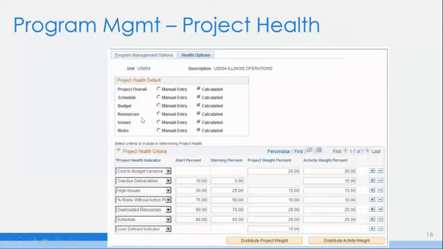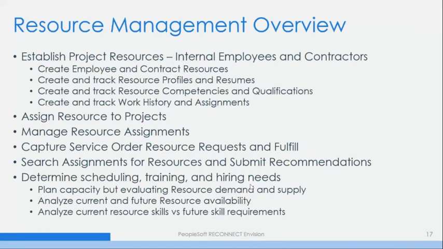Your budgets, your resources, issues, and risks. And you can actually assign weights to these different dimensions of project health, and it indicates some thresholds around warnings for those project health indicators as well.